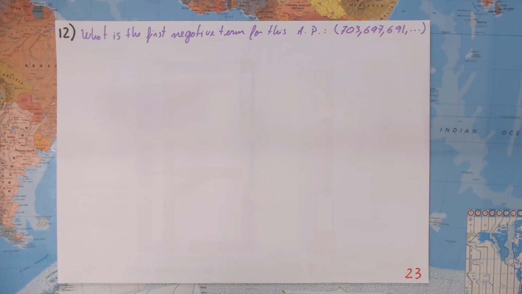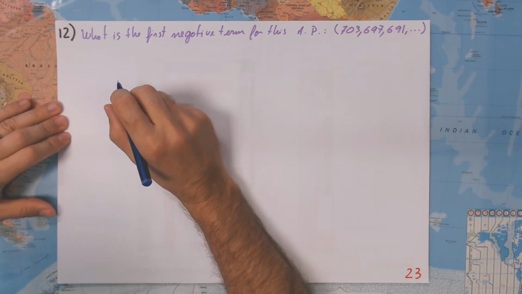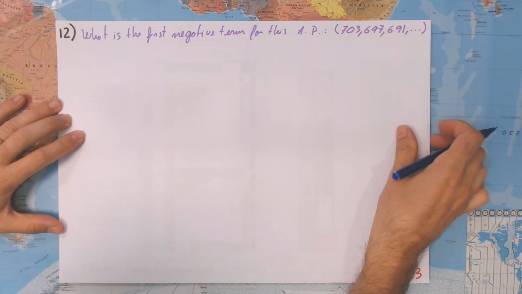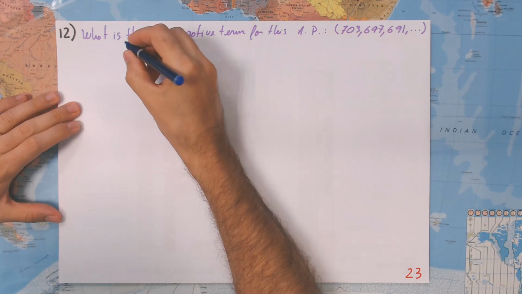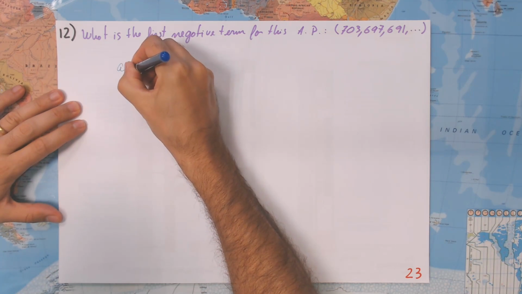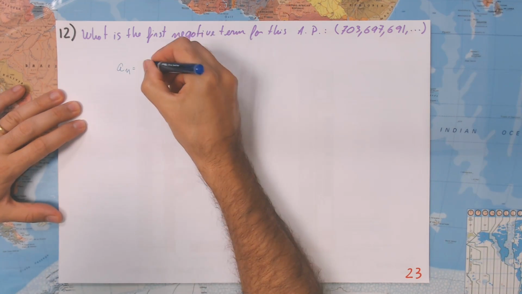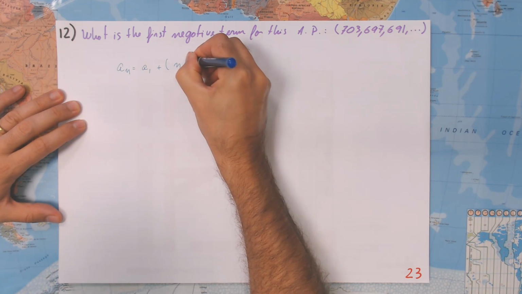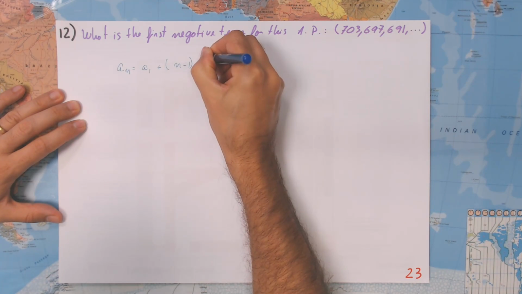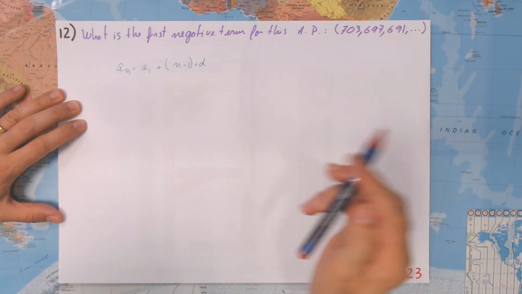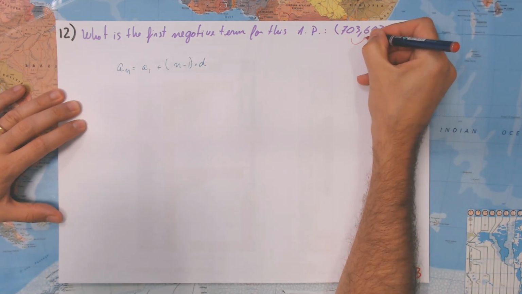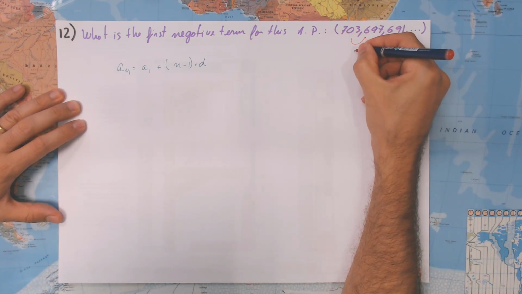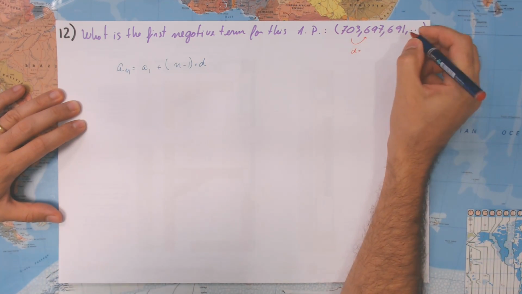The first thing you have to do, assuming you already had your time, let's put the general formula. AN is going to be A1 plus n minus 1 times D. We know that D, and please, D can be positive or negative.